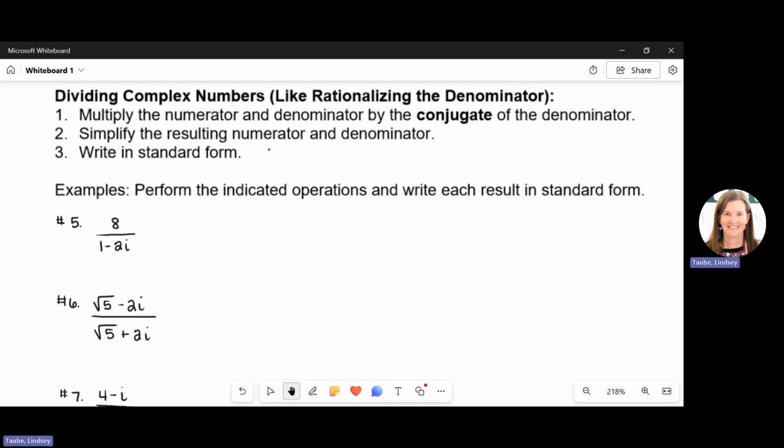So we are always basically multiplying by a complex number where the i terms have opposite signs from how it was initially. Again, our goal is to get i out of the denominator, and we're going to use the conjugate to do so.